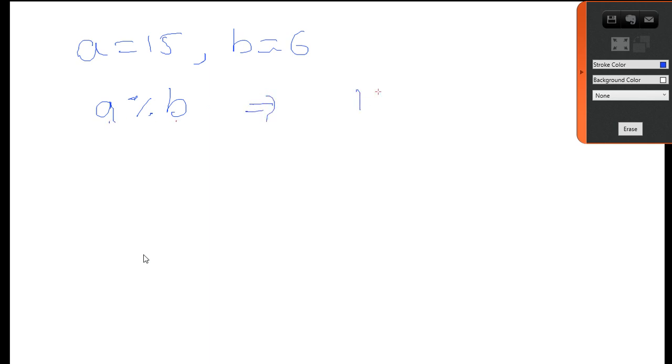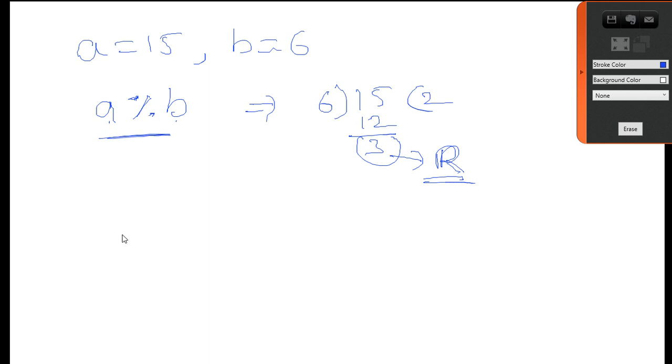That is nothing but 15 divided by 6. So how many times does it go? 6 twos are 12, and how much is left is 3. This leftover value is called the remainder. Now in the case of the modulus operator, don't put decimal points here. This leftover value is called the remainder. Now the modulus operator will give you what?